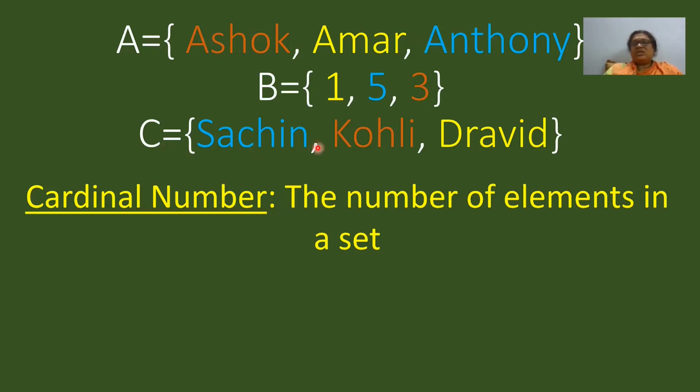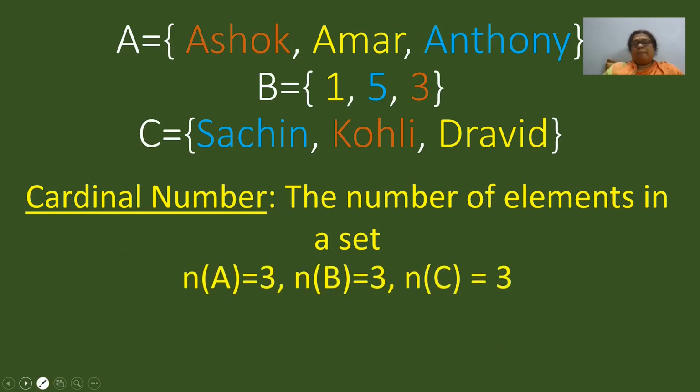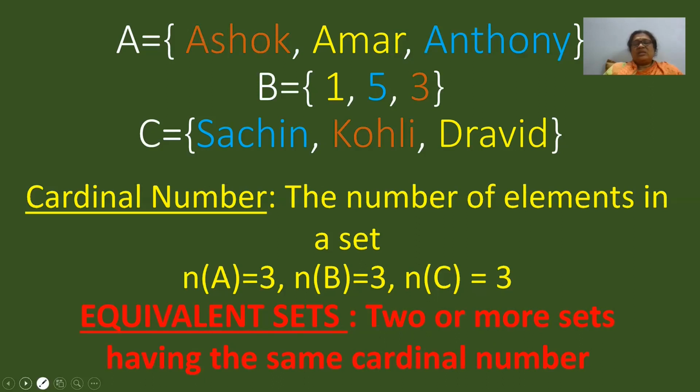Here also Sachin, Kohli and Dravid. 3 elements are there. So, if the cardinal number is the same, like number of elements in set A, 3, in set B, 3, in set C, also 3, you can say these sets are equivalent sets.